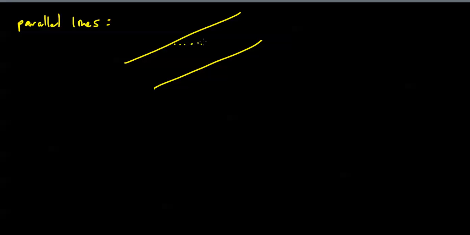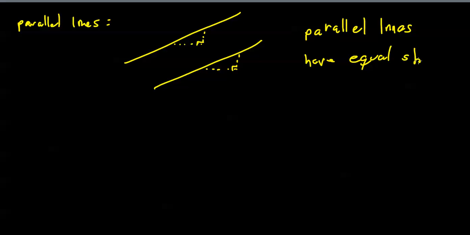And if they never intersect, I think you'll agree with me that implies the ratio of rise to run must be the same, else they will hit somewhere down the line. Well, this is kind of an intuitive statement. Parallel lines have equal slopes, and I imagine we all knew that. Parallel lines have equal slopes.